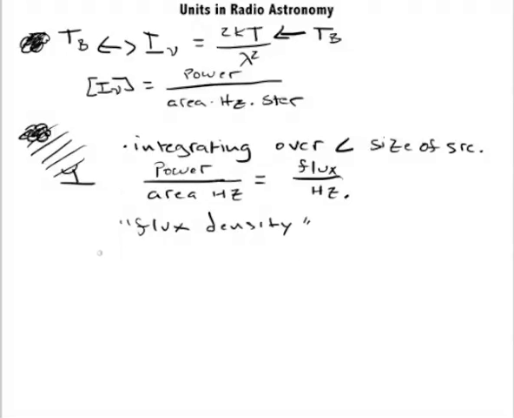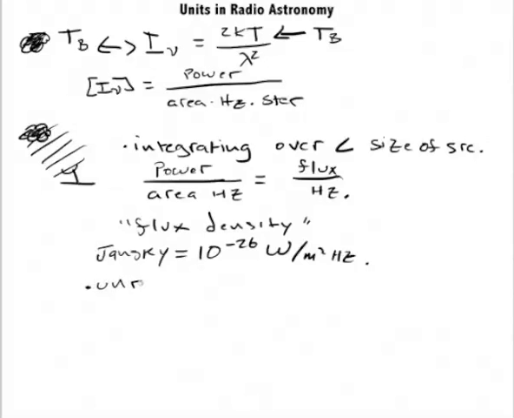We usually measure a flux density in terms of a Jansky. A Jansky is equal to 10 to the minus 26 watts per meter square per hertz. One important thing about the flux density is that as long as a source is unresolved to a telescope, all telescopes can agree on the flux density.